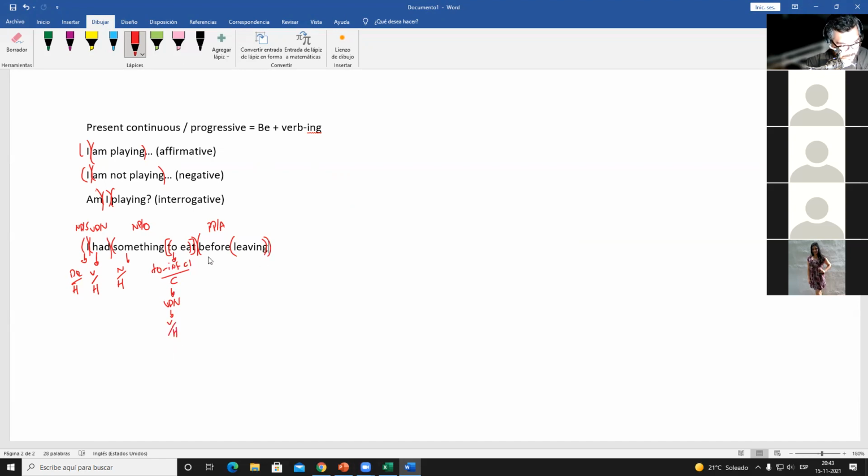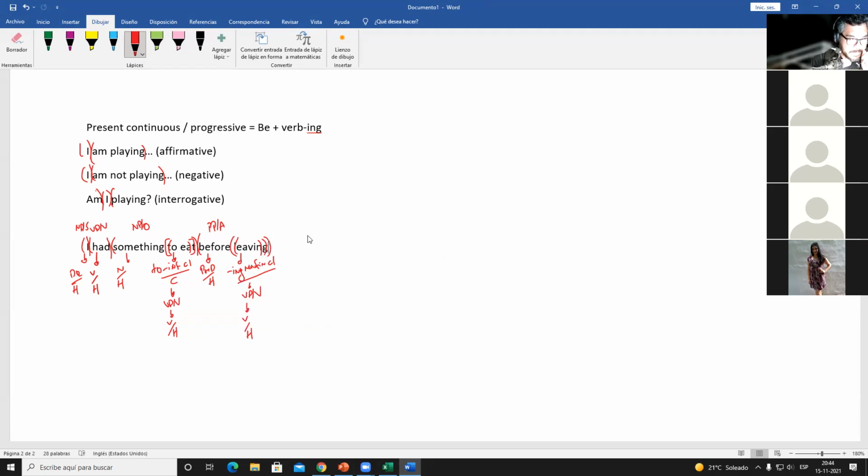Before leaving is a preposition head, and leaving, I think, is another clause. What's the name for this clause? It is an ing clause, a non-finite ing clause, with a verb phrase verb, leaving, and inside of that I have a verb head, leaving.